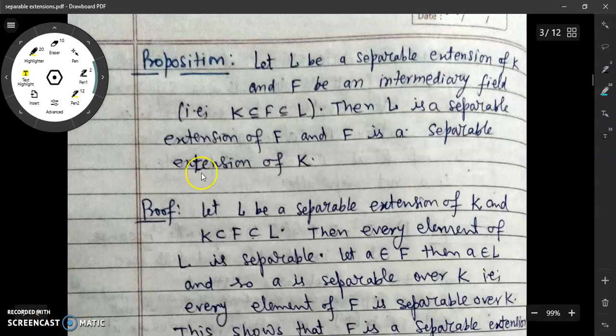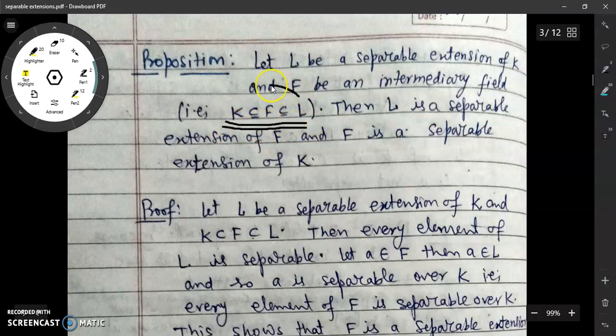Now in this video lecture we finalize by proving this proposition. Suppose that L is a separable extension of K and F is an intermediary field, meaning this is a tower of fields.